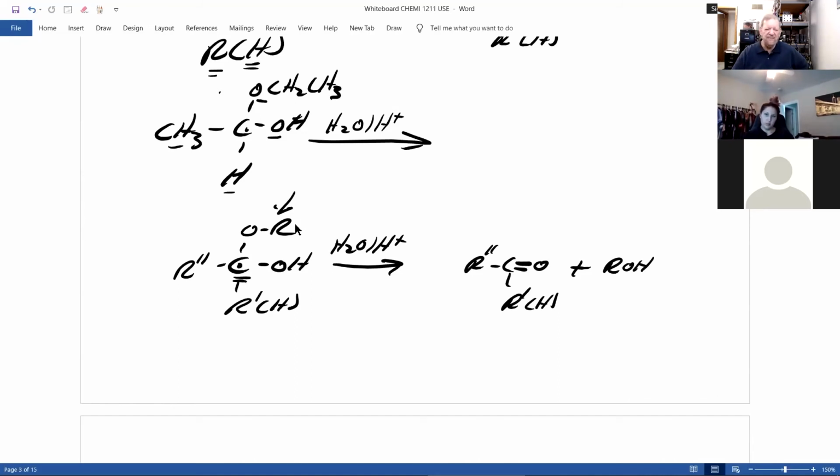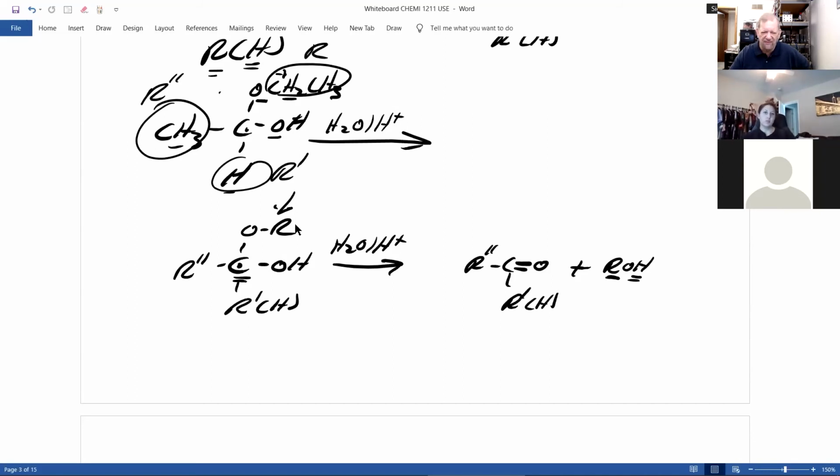So if we go back up here, this I'll call R prime, R double prime, and R. The carbon with this oxygen, our R group here, will be the carbon with the hydroxyl group, my alcohol.